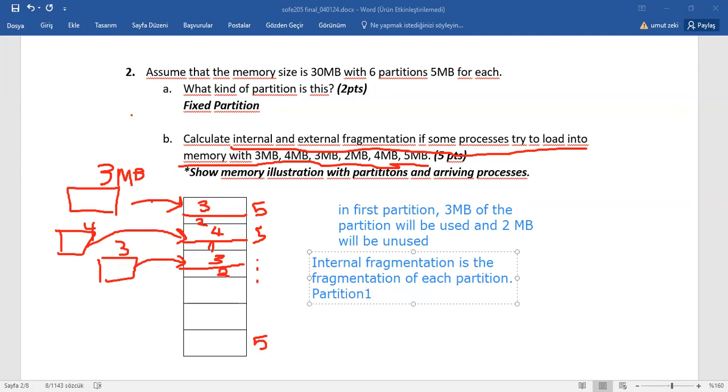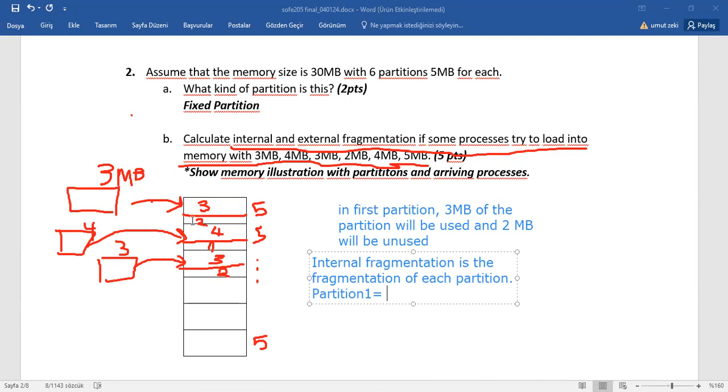So can you tell me the fragmentation of partition 1? Who can tell me? Fragmentation of partition 1. 5? No, this is the partition size. 5 is our partition size. What is the fragmentation? Fragmentation is 5 minus process size. 5 minus 3.